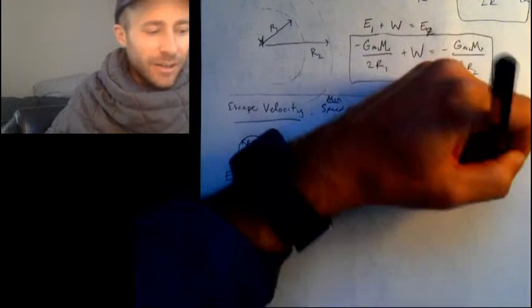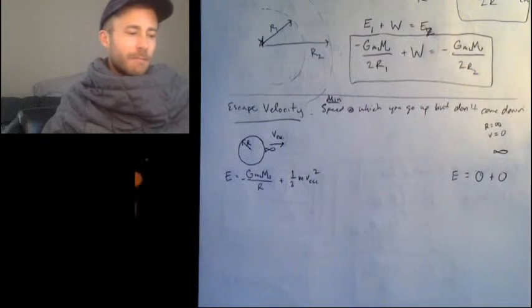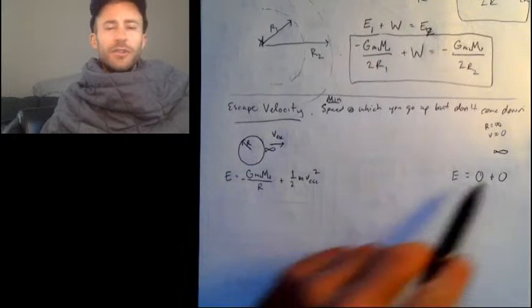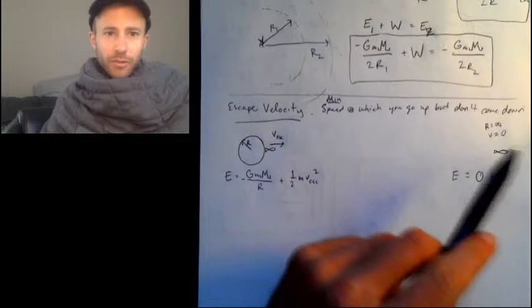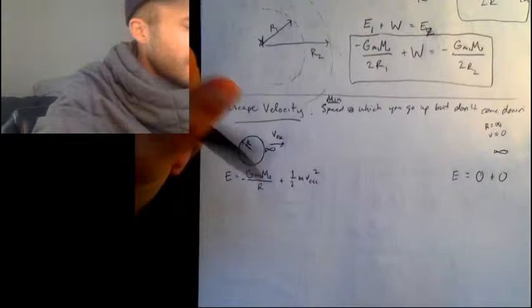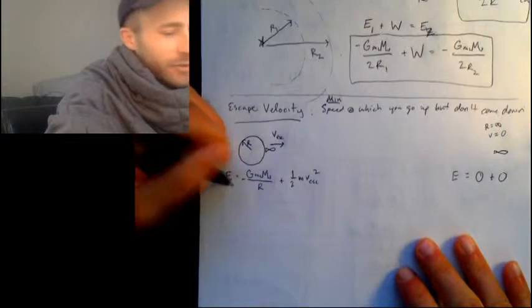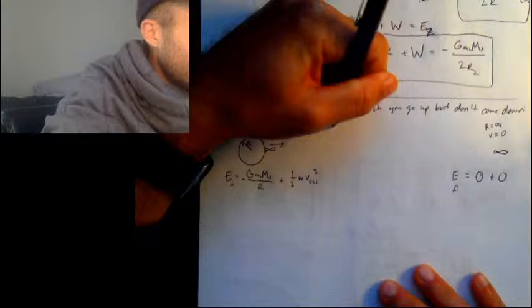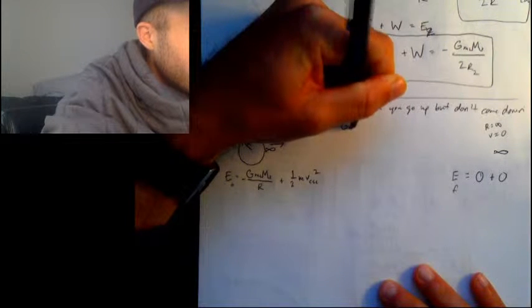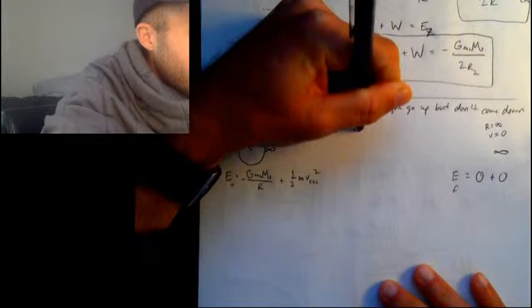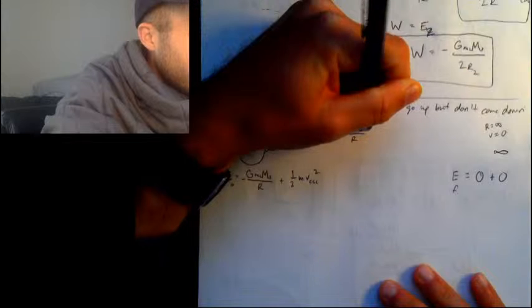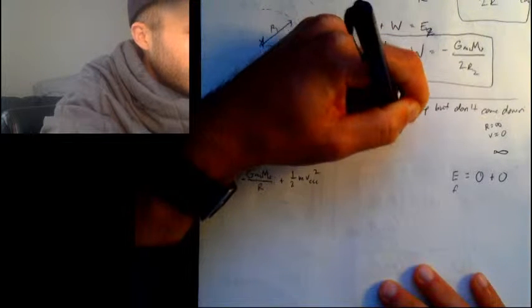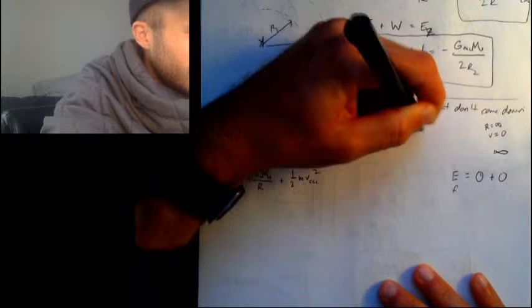So your kinetic energy is also 0. So your energy, if you just barely make it out to infinity, is 0. Now, initial energy has to be equal to the final energy because energy is conserved. So we have minus G little m big M over R plus 1/2 m v escape squared equals 0.